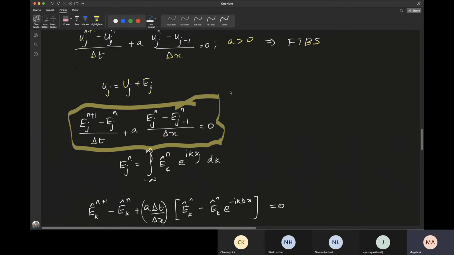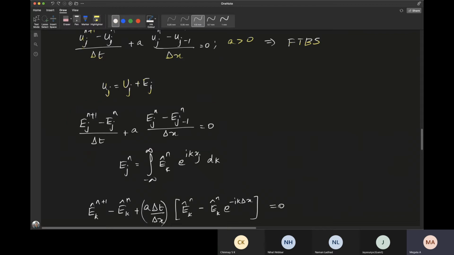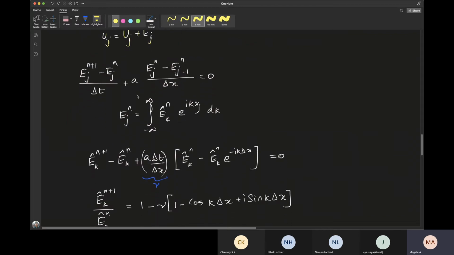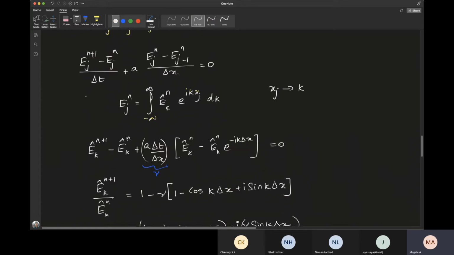Now let's go about doing the Fourier transform. We just write E_j at n as the integral of e_k cap at n times exponential of i k x_j. So here we are moving from x_j to k through the Fourier transform.